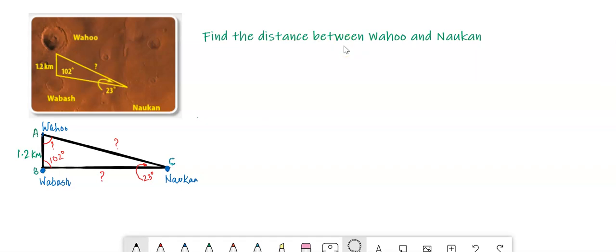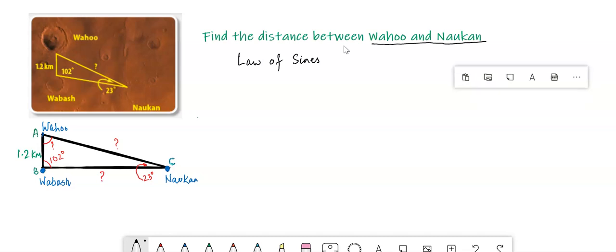So we will be using the law of sines to find out the distance between Wahoo and Nokon. First thing first, you need to identify that the distance between Wahoo and Nokon is nothing else but AC. So basically we need to find the length AC here.